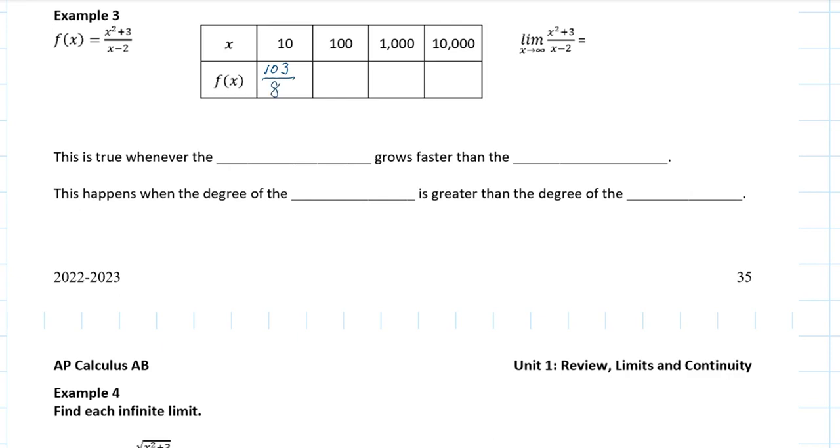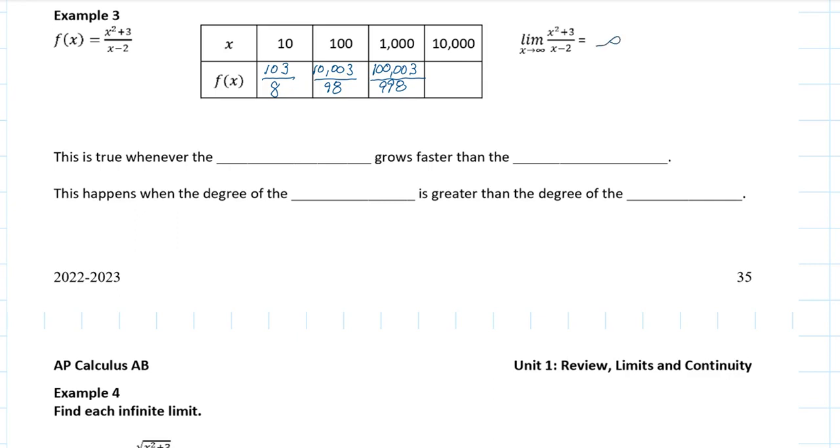I plug in 100 to the numerator, I get 10,003 over 98. So now the numerator is growing really, really fast. Look at the next one. 100,003 over 998. The numerator is growing much, much faster.